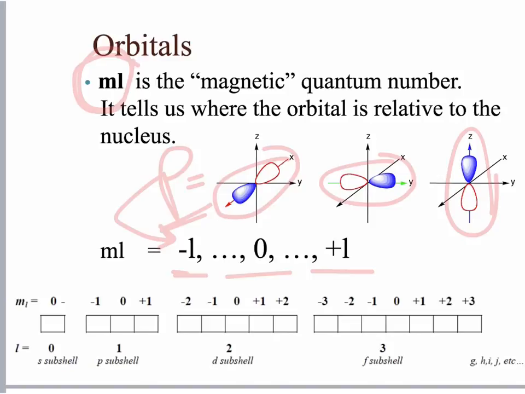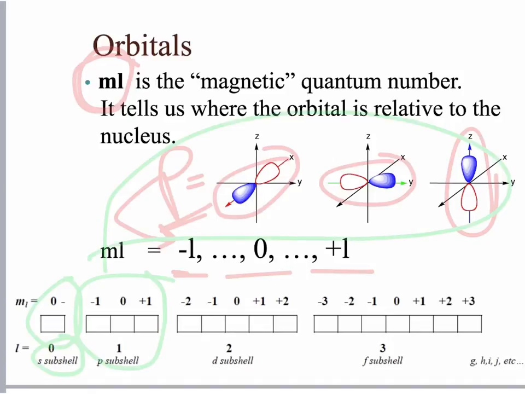But you can see down here with these other subshells, the S subshell, all you have is 0. It is the only orientation. When you think about it, a ball can't come out of the screen at you or go into the screen. It only has one orientation. The p sublevel has 3 different magnetic quantum numbers or orientations.